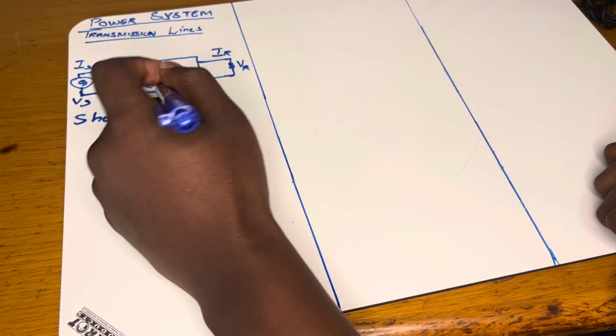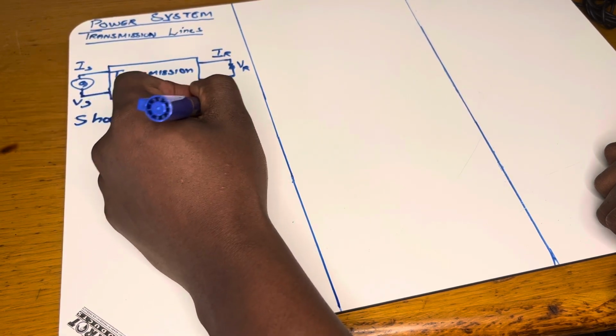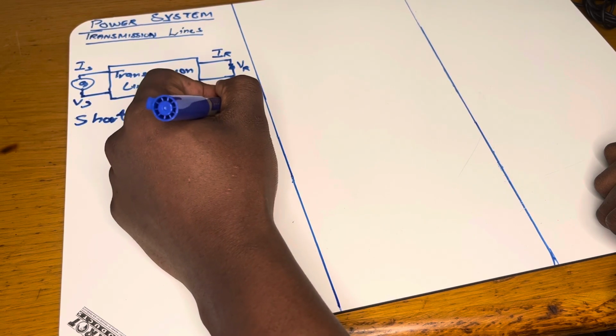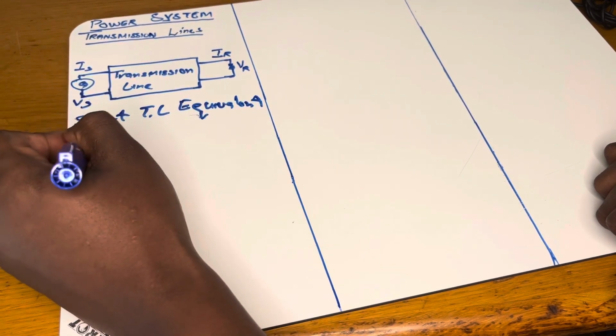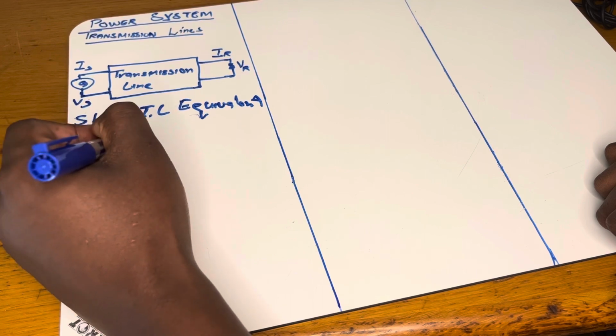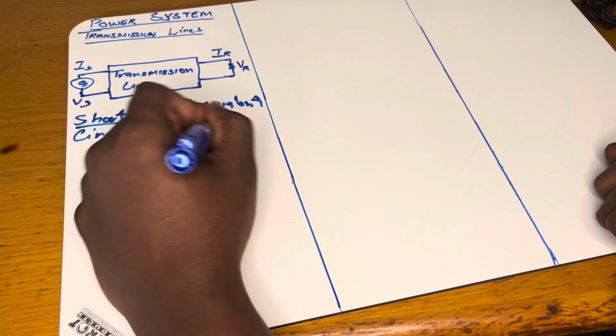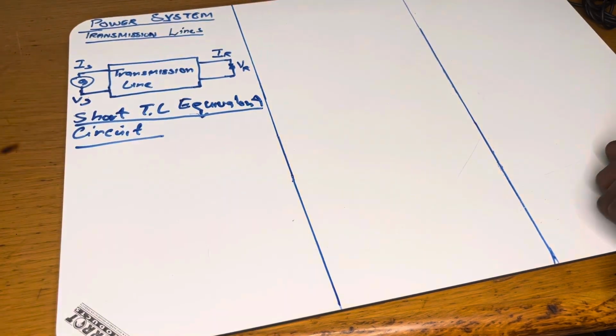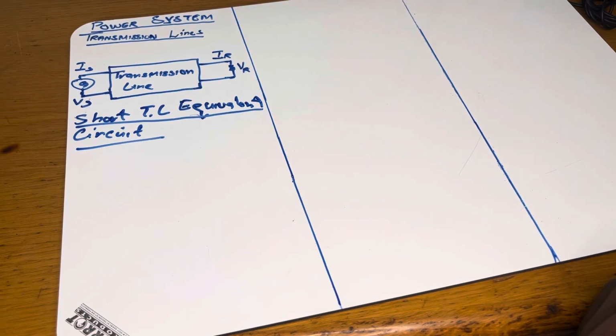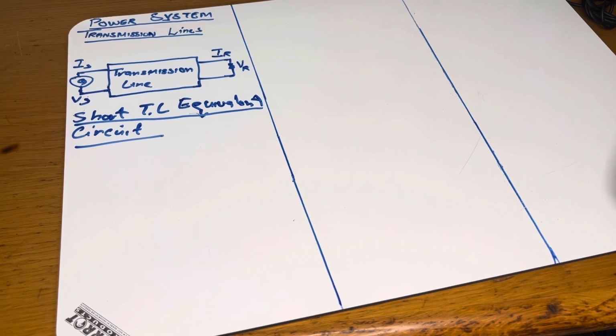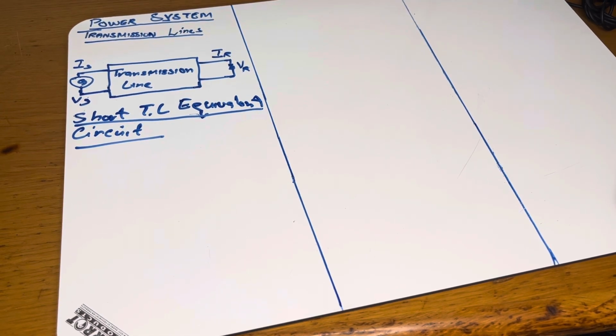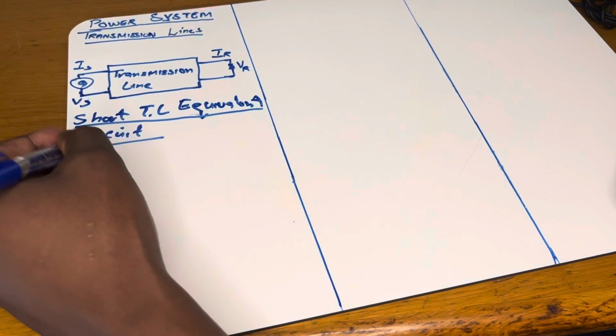Okay, we will be analyzing this short transmission line equivalent circuit using an ABCD two-port network.